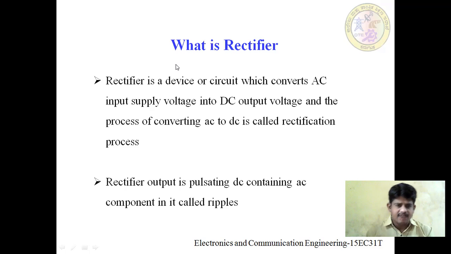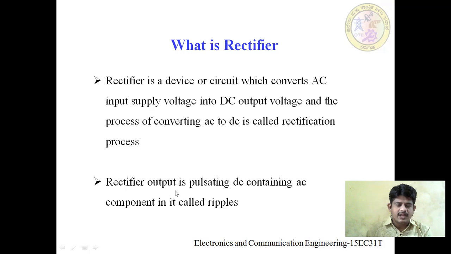As we already discussed, the rectifier is a device or circuit which converts AC input supply voltage into DC output voltage, and this process is called rectification. So it converts your AC to DC, alternating current to direct current, and this process we call rectification. You may even be asked what is meant by rectification, then you need to answer this.